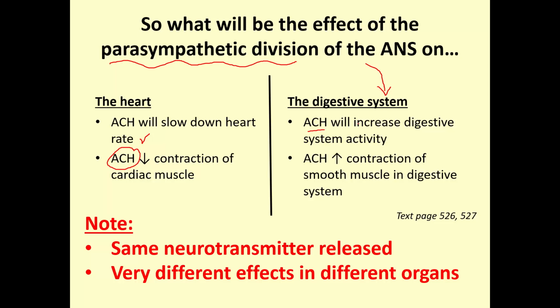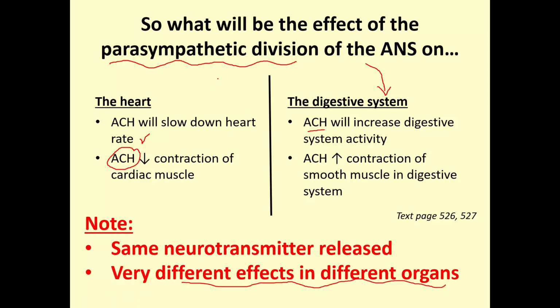So it's a pretty cool system. Because the cells all have different receptors, the same neurotransmitter can do two opposite things in two different places, right? So you can have two very different effects in different organs because there are different receptors, right?